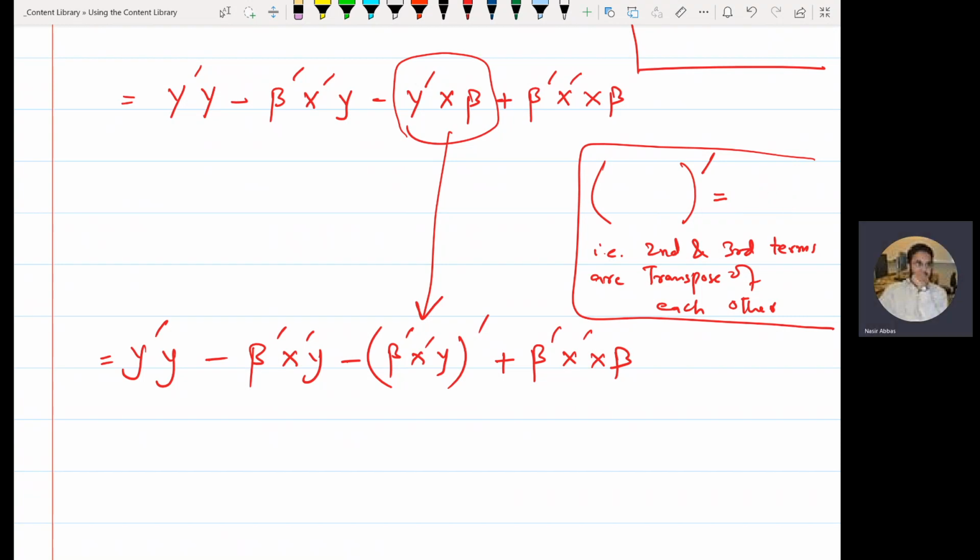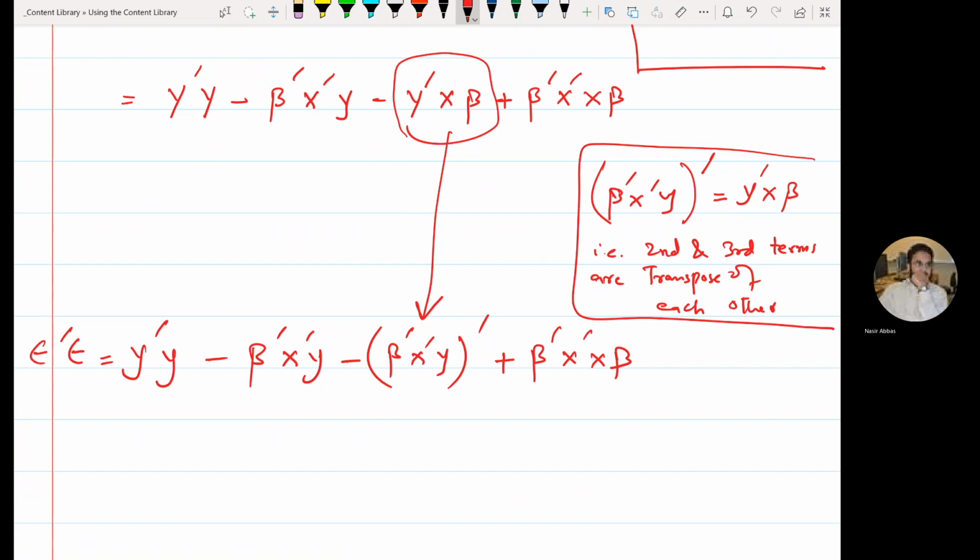A transpose transpose is again A. So it's beta prime x prime y, and this will give me y prime x beta. Now, try to anticipate the order of this thing, the second term or the third term. You can guess the order from many factors. What will be the order of this thing?